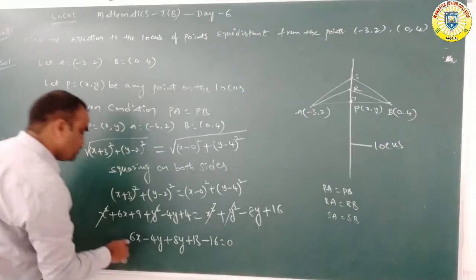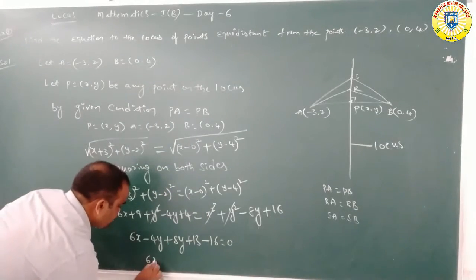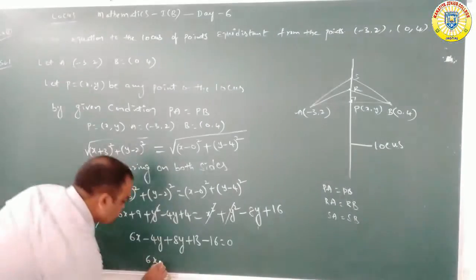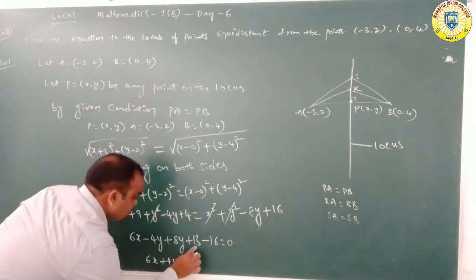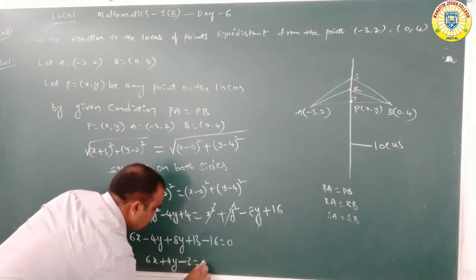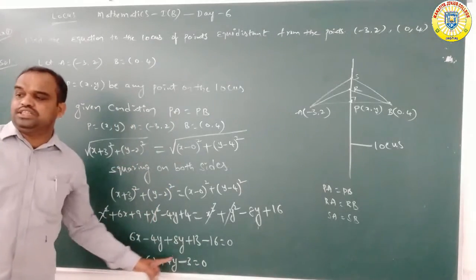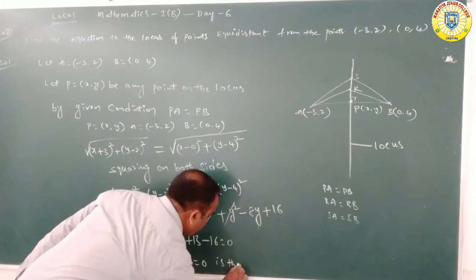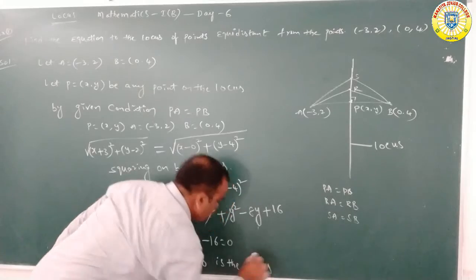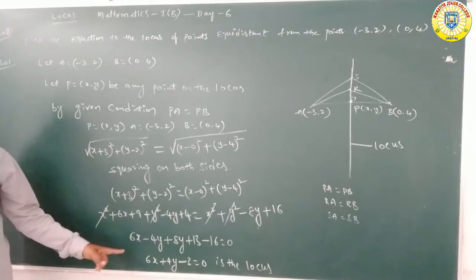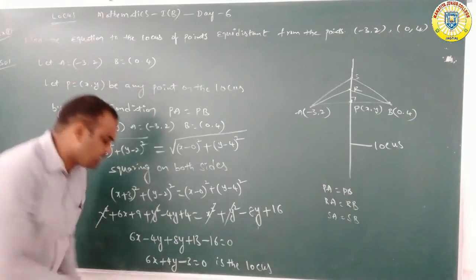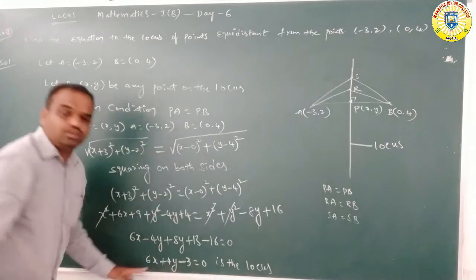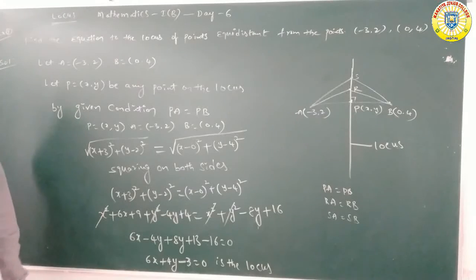The remaining value is 6x + 4y + 13 − 16 = 0, so 6x + 4y − 3 = 0. This is our required locus.